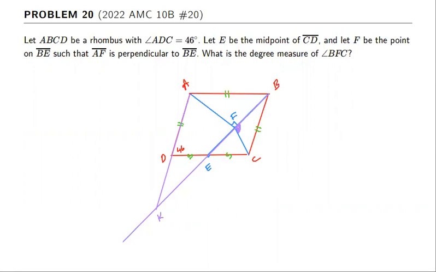So if you are familiar with similar triangles, there is one immediately right here. This triangle and this triangle are actually similar because BC and AD are parallel, since a rhombus is also a parallelogram. So the angle right here, this guy, and the angle right here are alternate interior angles.